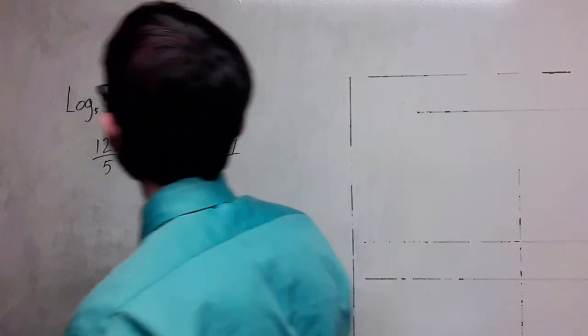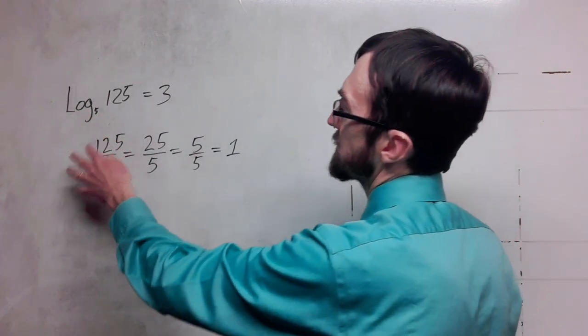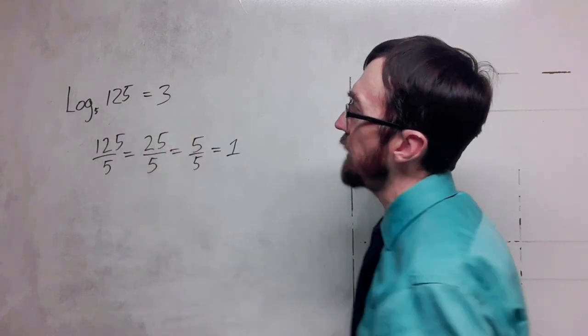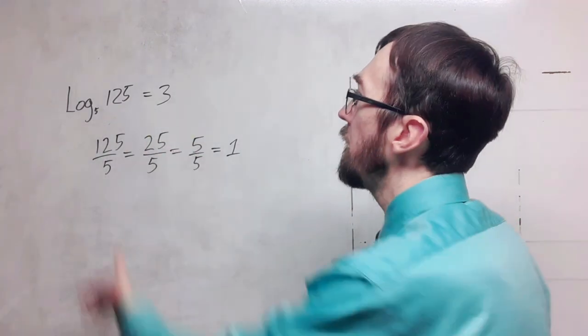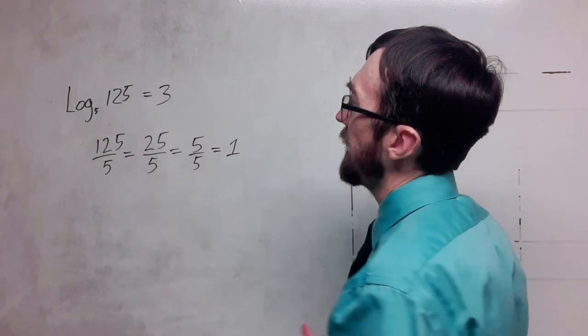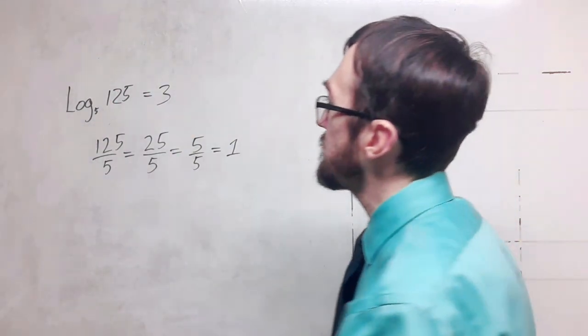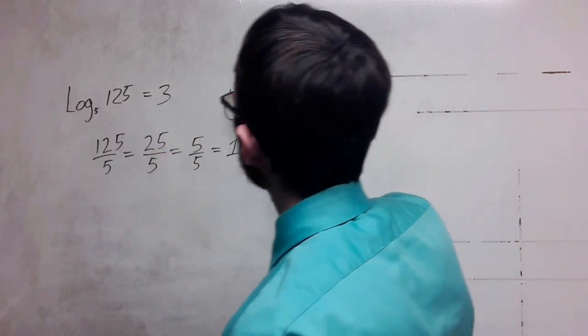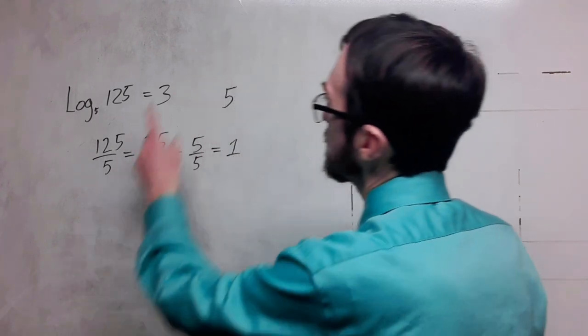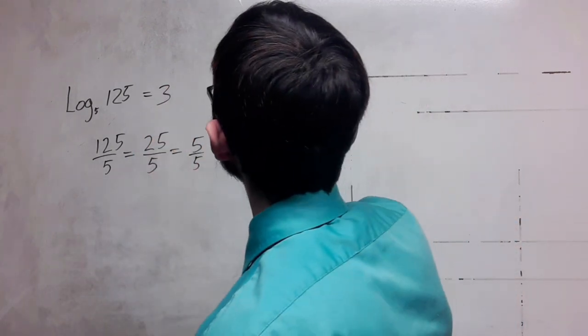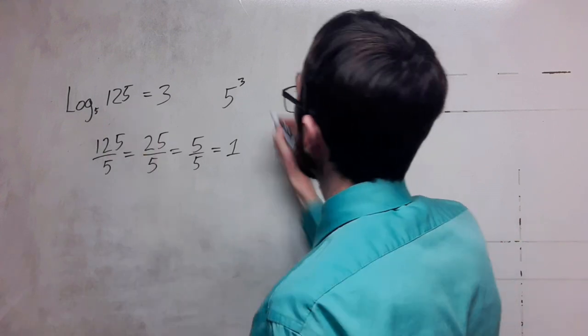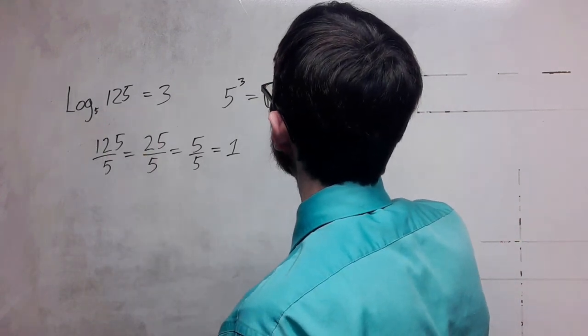So we have this, that the log base 5 of 125 is 3. Now remember, we can rewrite this as an exponential equation with the base here as the base, this number here as the exponent, and this is what that exponential is equal to.